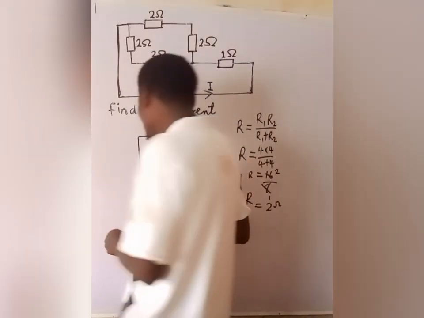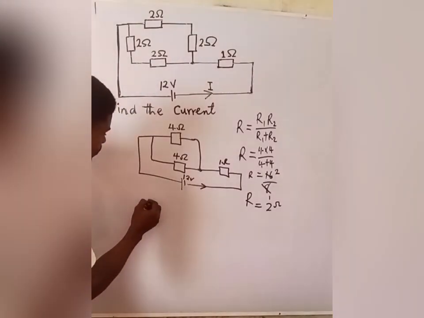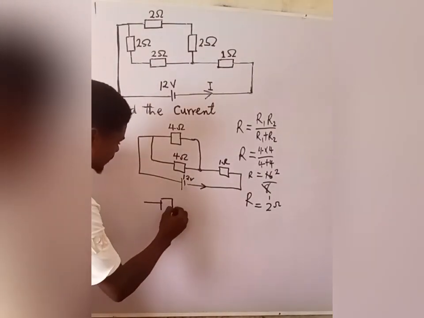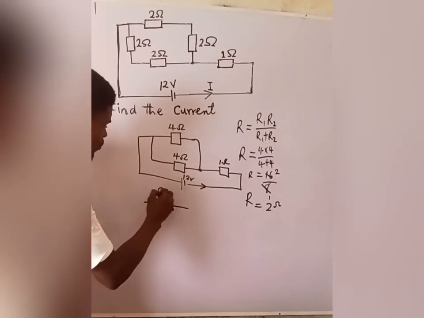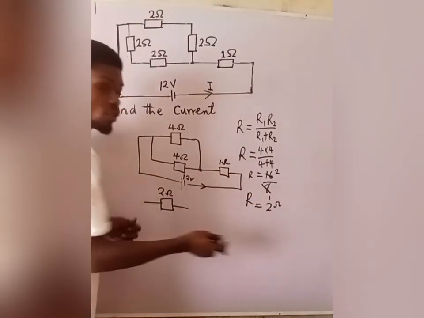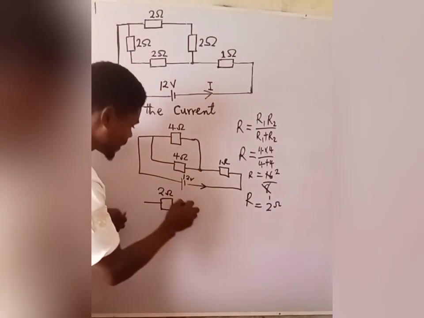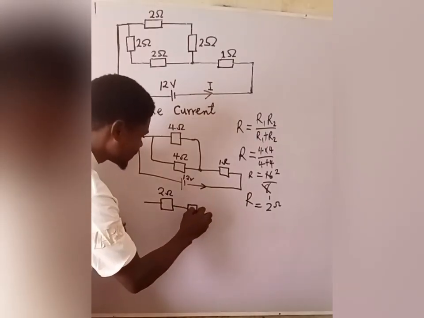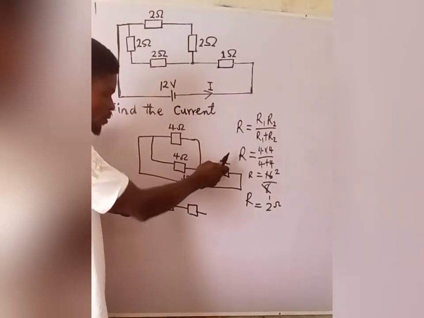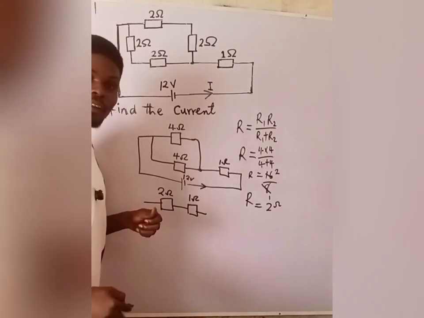So our diagram is going to look like this. We now have 2 ohms, gotten from this and this. Then we now have the remaining one, which is this resistor here, and then we label it 1 ohm.